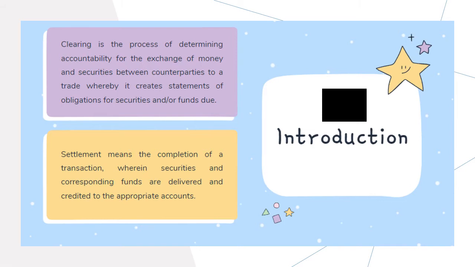Clearing is about the process of an investor depositing their money, and then the money will be linked to the Bursa Malaysia Depository Sdn Berhad in order to make sure that the transaction is approved and legal.